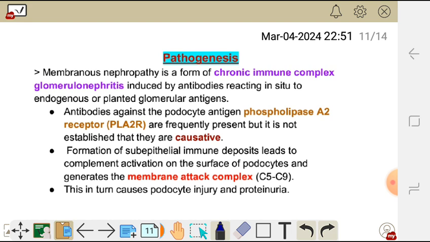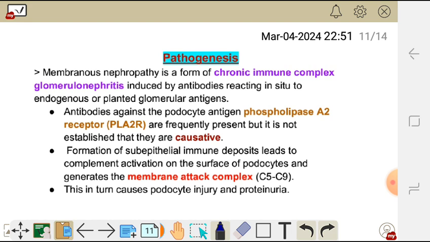Okay, so these immune complexes are formed by antibodies reacting in situ to endogenous planted glomerular antigens. So we have antibodies reacting with antigens, and they will form complexes, forming immune complexes.